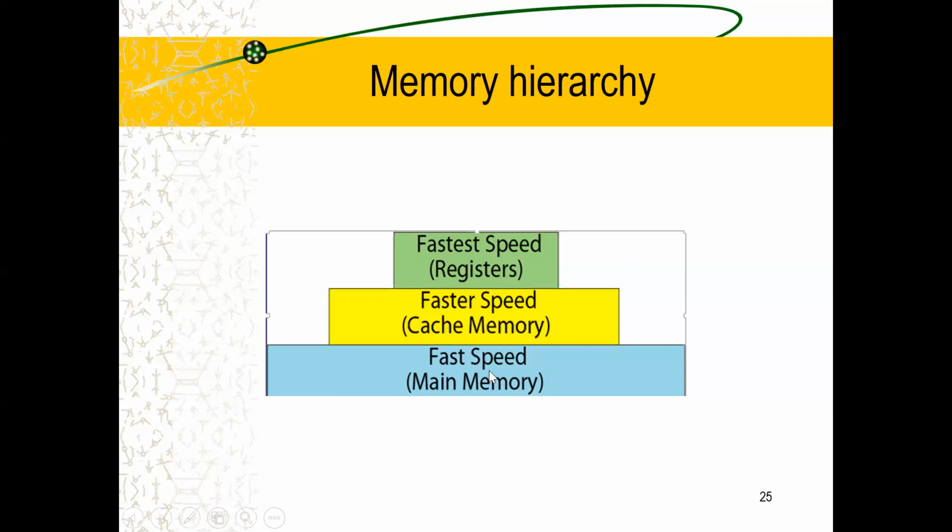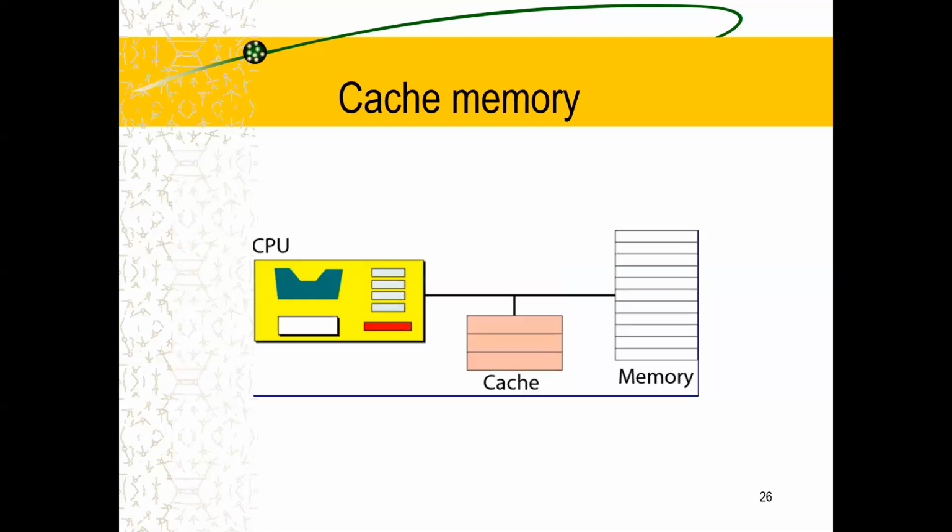So in between, to reduce the access time, cache memory was introduced, and ultimately in the CPU we have registers where data is stored. The fastest available data is the data in registers, then data available in cache, and then data available in memory.